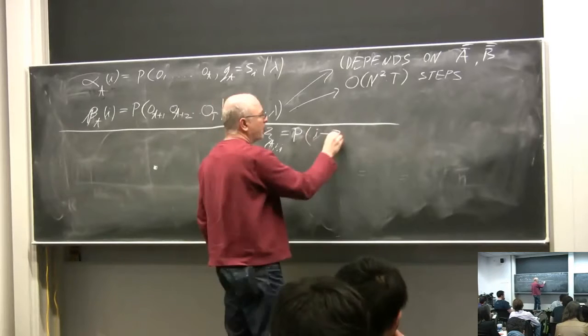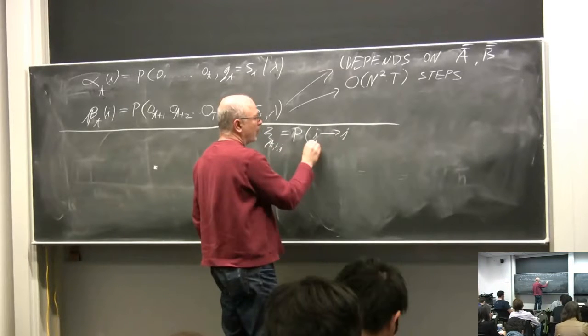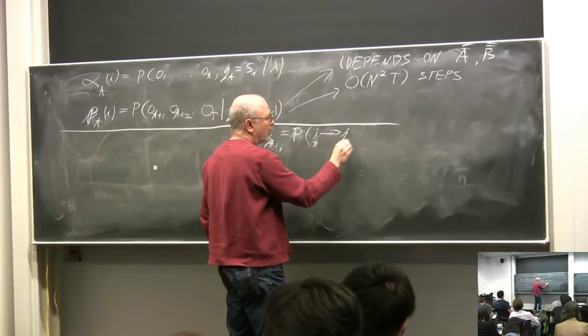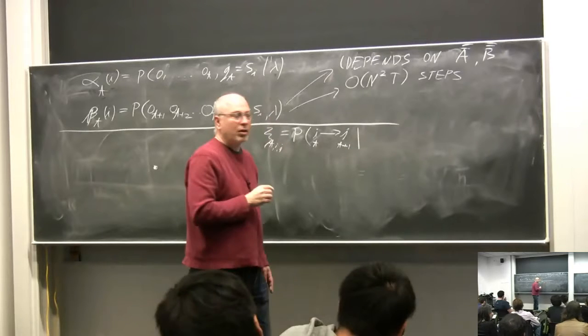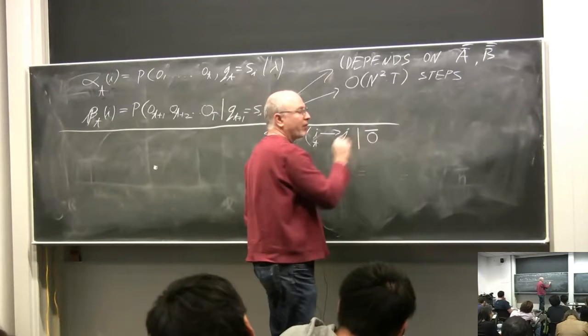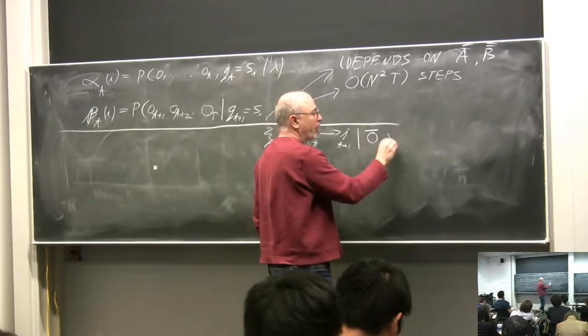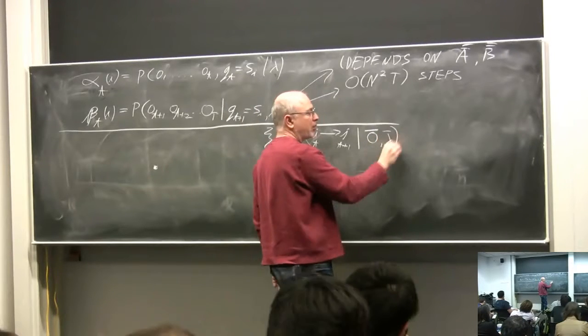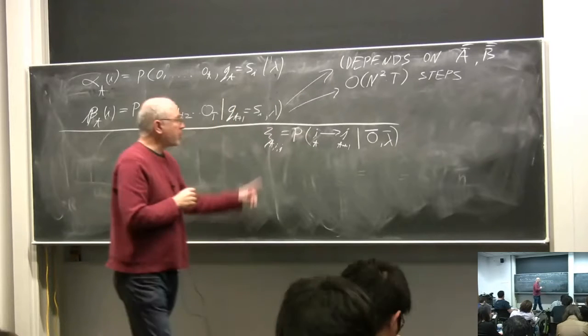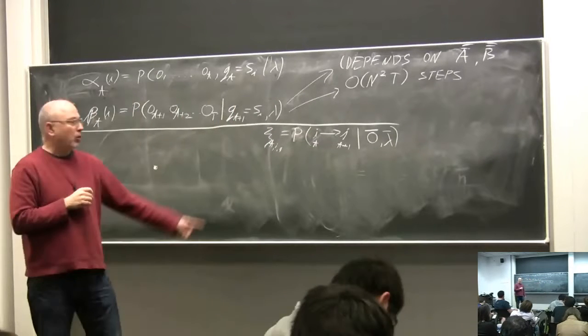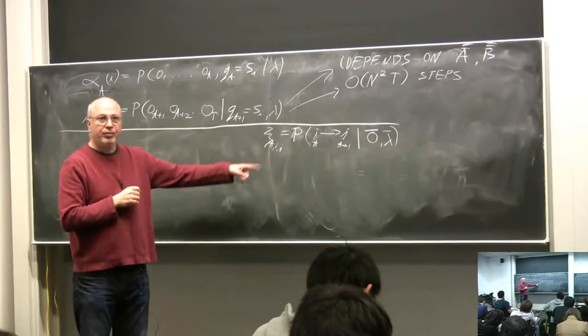I will call it I to j, t to t plus 1, conditioned on seeing the full observation sequence and knowing the model, some tentative value of the model. This is the definition of what we're trying to calculate.